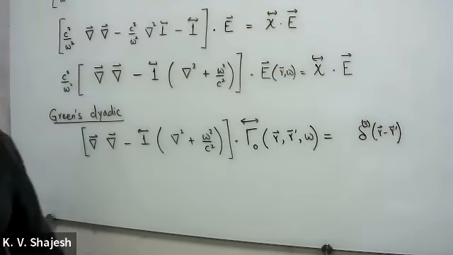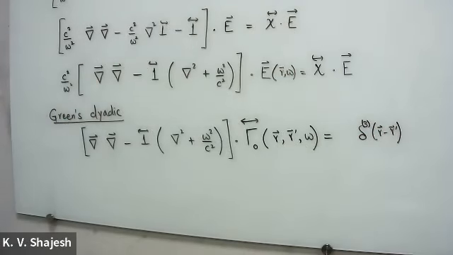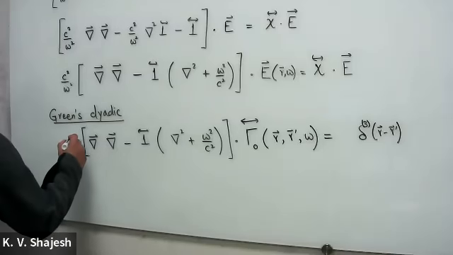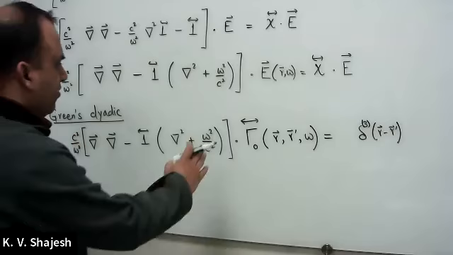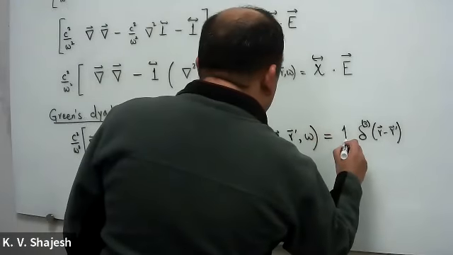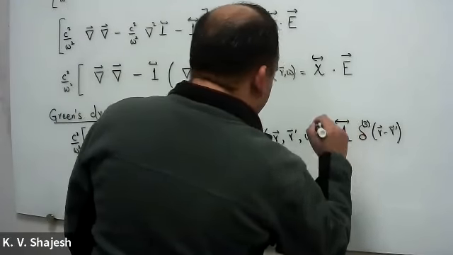Just so that we have this omega square over c square, I think I define it. No, so this is with c square. Yeah, this is with c square over omega square. I define. And since it's a dyadic on the left, I should have a unit matrix on the right.